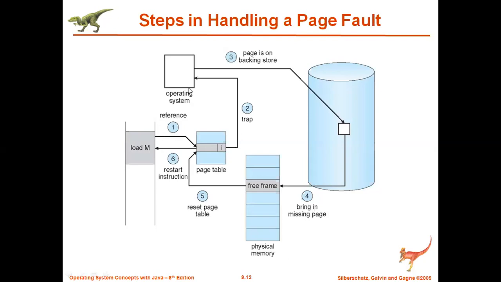These are the steps in handling the page fault. We check in the page table whether it is there. Yes, it is I. I means the page is not there in your main memory. Whenever you find I here, that is nothing but a page fault has occurred.